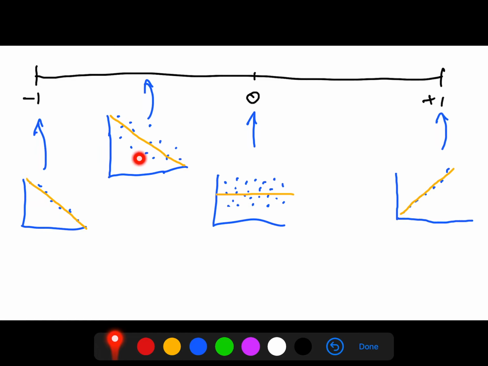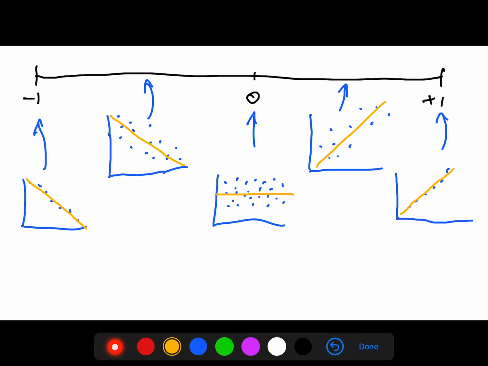So these dots down here are quite a ways below, and these are quite a ways above. But there is still some sort of noticeable trend going on. The same thing here. We would have some sort of noticeable positive trend going on.